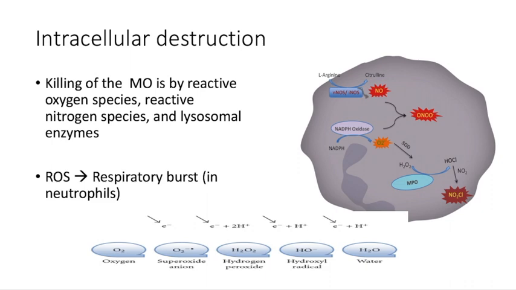So this is this NADPH oxidase. It stands for nicotinamide adenine dinucleotide phosphate. So NADPH for short. And in the process reduces oxygen to superoxide. So there is oxygen basically being reduced to superoxide.